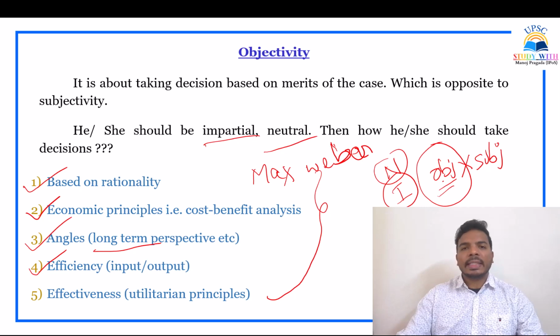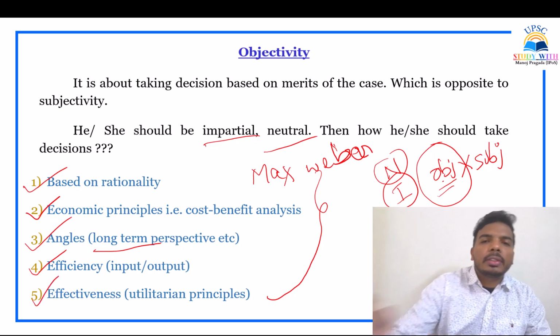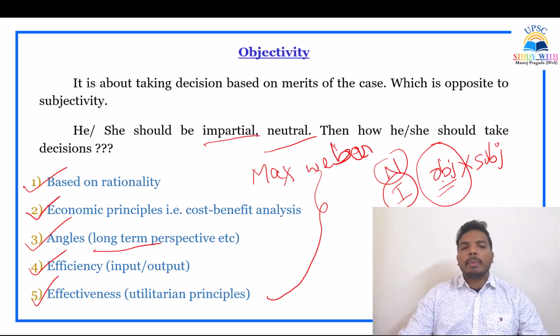He should always analyze what is the input, what is the cost I am making, what is the public money I am spending on this, and what is the output I am getting, so that it will not be a wasteful expenditure. And similarly, sometimes we also think about the effectiveness factor.